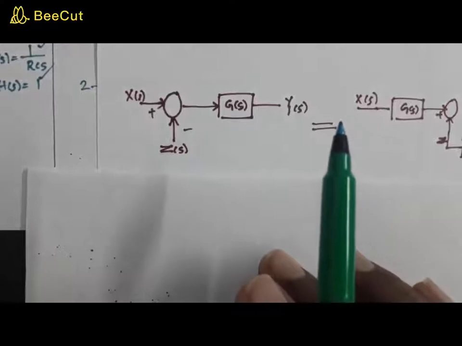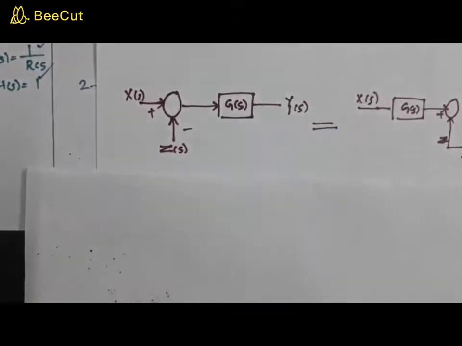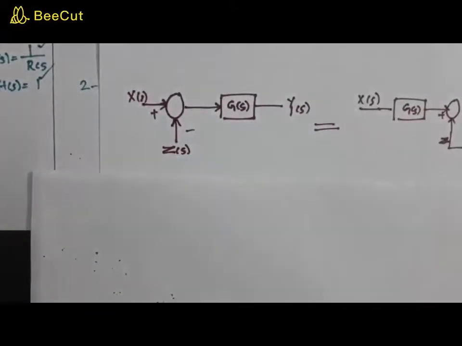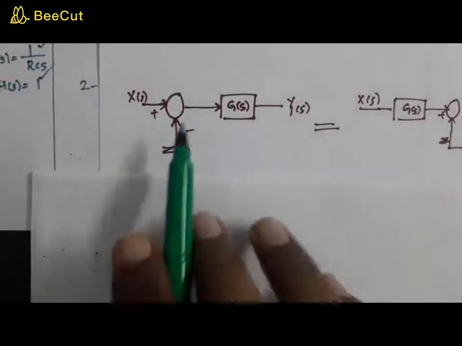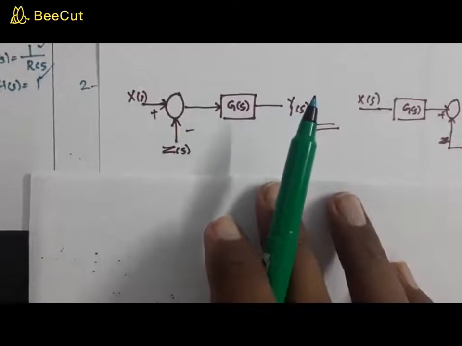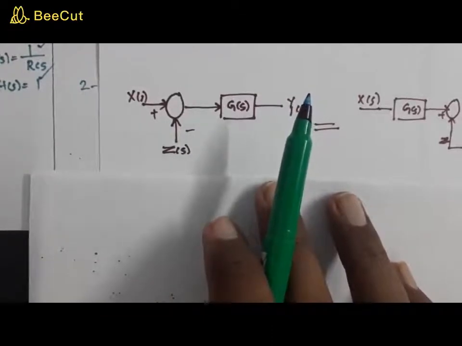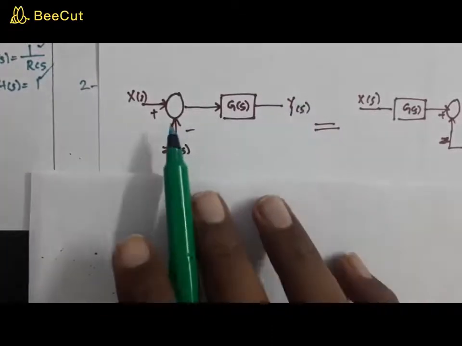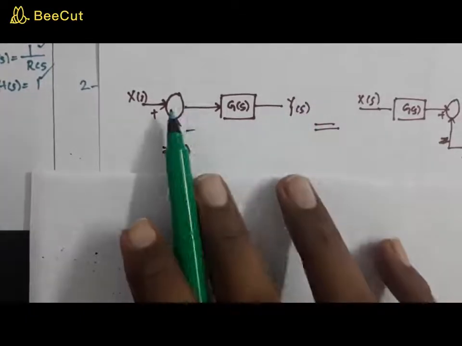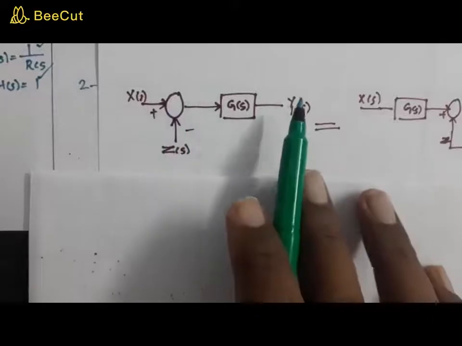Our main objective is to convert any block diagram into the canonical form, or into the simplest form. During our observations, we will feel that if this summer would have been in this position, then I could have converted this into its canonical form. If such a thought comes, there must be a provision to transfer this signal from the summing point to the other side.